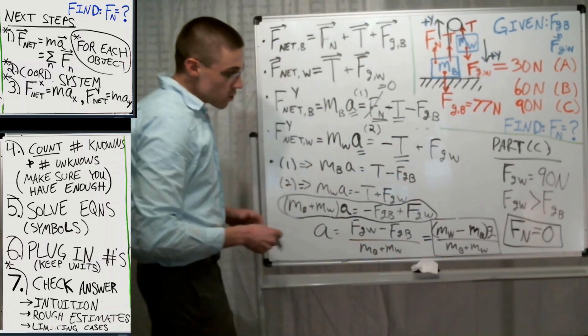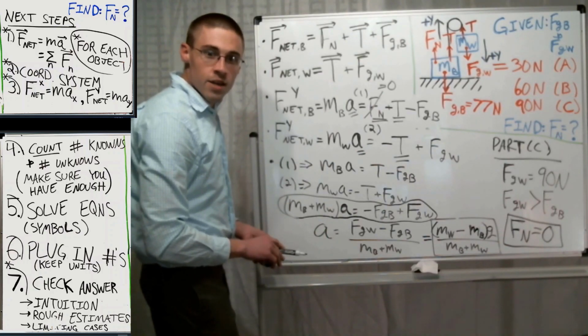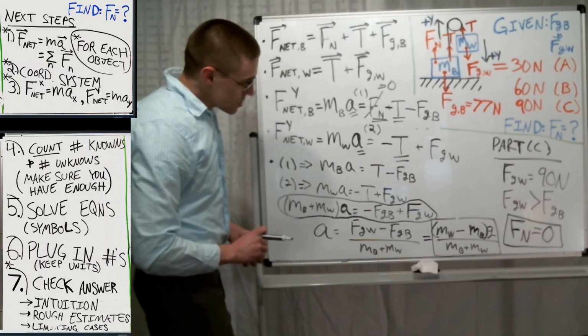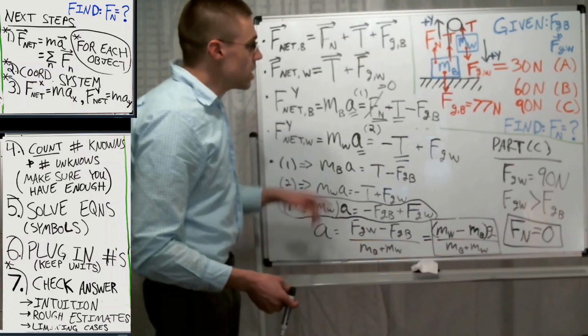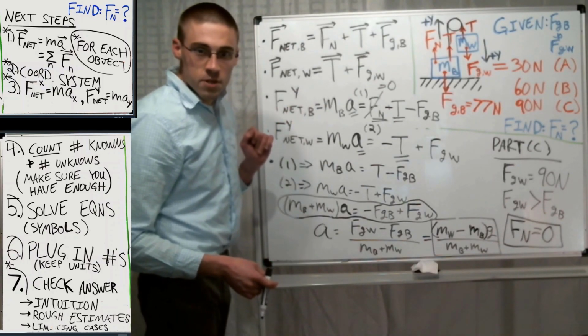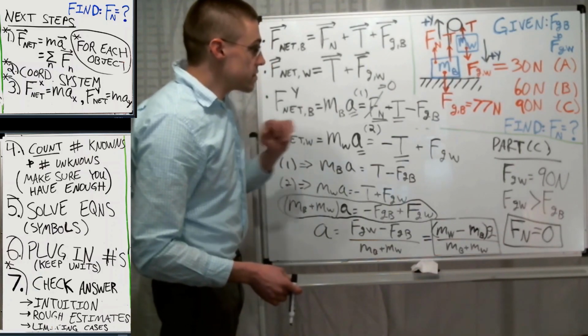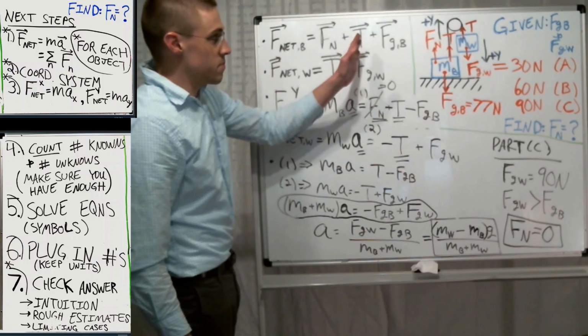Okay, so let's just do some sanity checks on this because I do want to get all the way down to number 7. Number 7, some sanity checks. Well, I already said before, a good sanity check would be, what if mB equals mW? Well, if mB equals mW, and we're in this case here where the normal force is 0, then what's going to happen to this system?